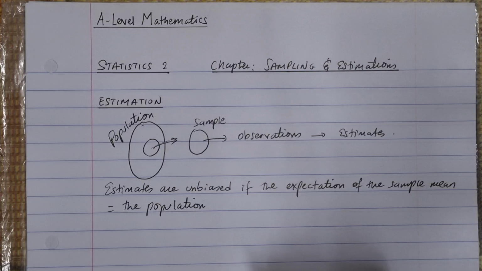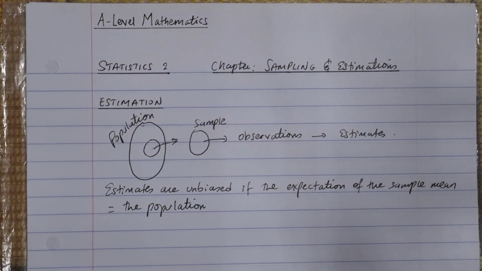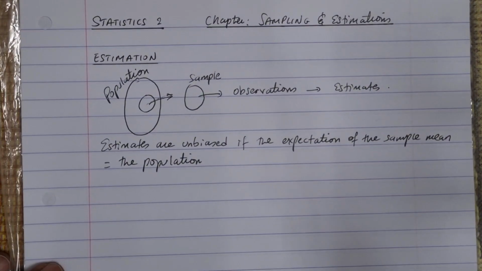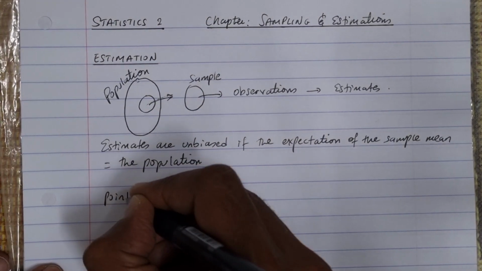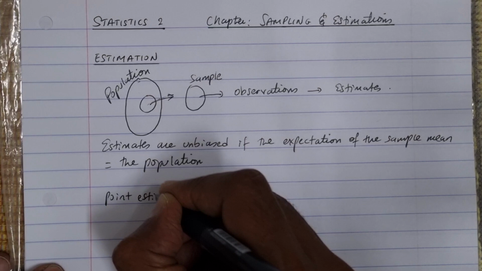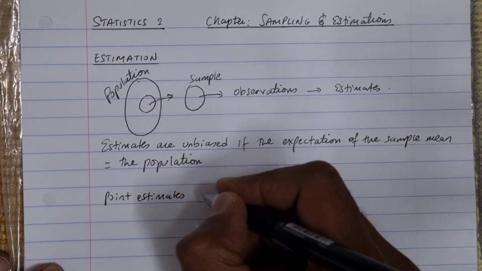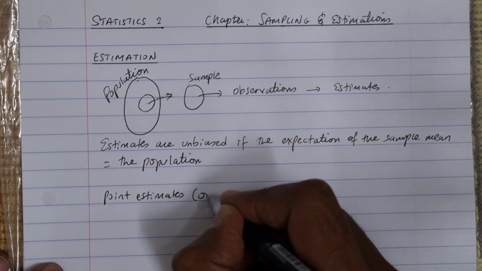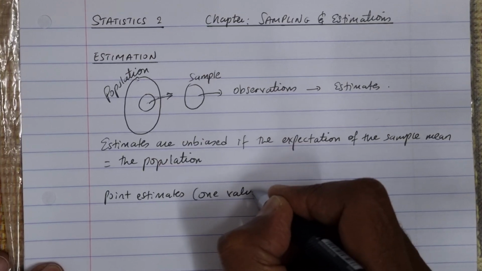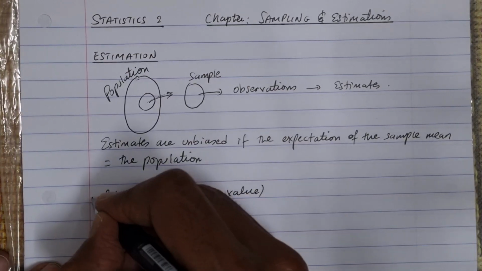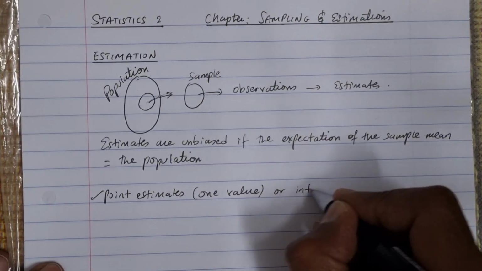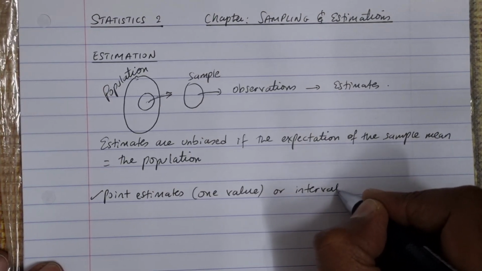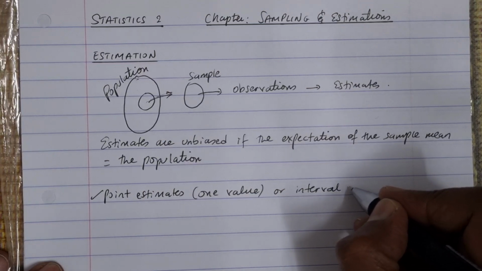Now, estimates can either be point estimates, which is basically one value, and we can also have interval estimates.